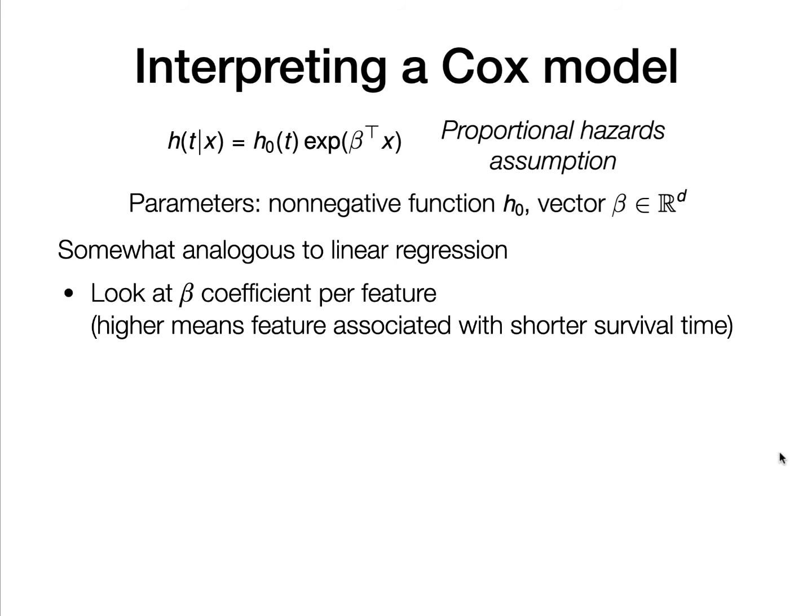Very commonly, you look at the beta coefficient per feature, where a higher beta coefficient for a particular feature means that feature is associated with shorter survival time. Because its contribution makes beta transpose x bigger, and larger positive values of beta transpose x correspond to worse survival curves and shorter survival times.